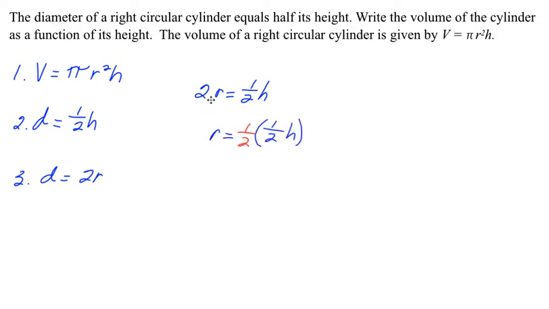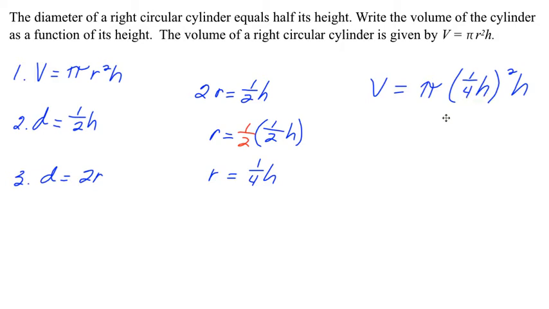If we divide both sides by 1/2, or multiply by half, we get r is equal to 1/4 h. Now that we have a formula for r, we can plug that back in to get rid of the r, and that will give us our volume in terms of height. Substituting that back into our equation, we get volume equals pi times 1/4 h, the quantity squared, times h.